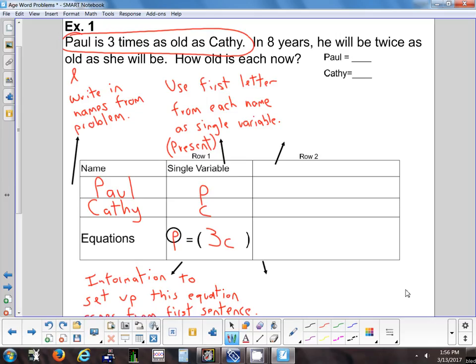Now this one gets a little bit trickier. So now we have to change that single variable a little bit. We're still going to have our single variable.